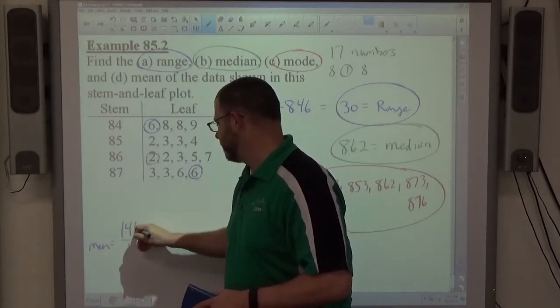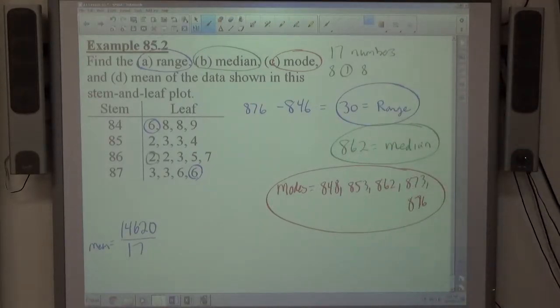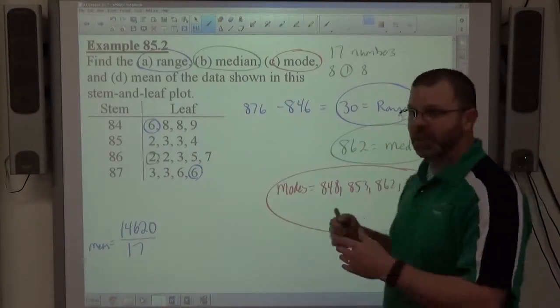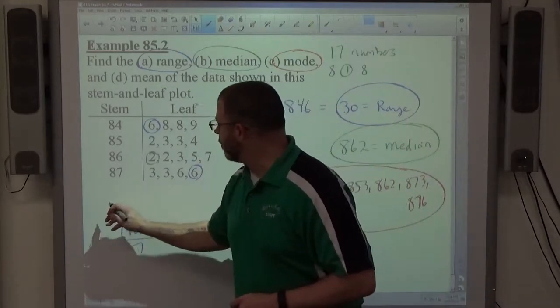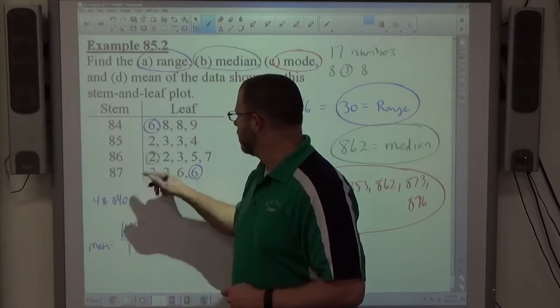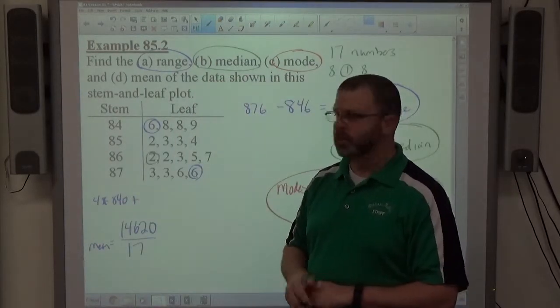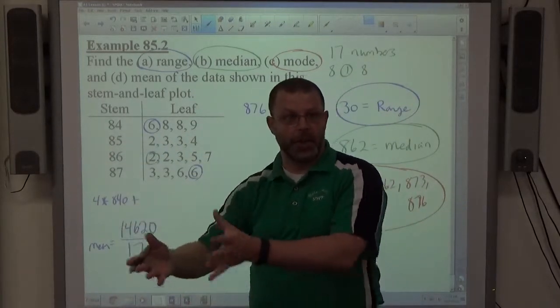That's what I got too. Okay. Now, here's something you can do if you want. I think it's easy enough to just punch it in your calculator, but you can do this also: 4 times 840 plus whatever those leaves add up to, because there's 4 numbers in the 840s. So if you do 4 times 840, you take care of the 840 part.